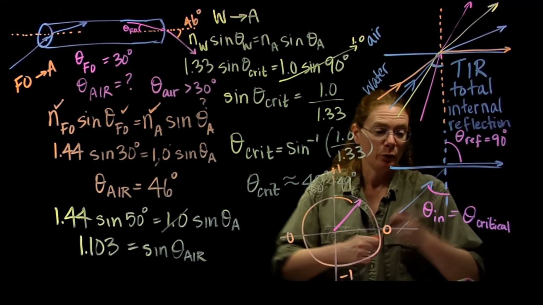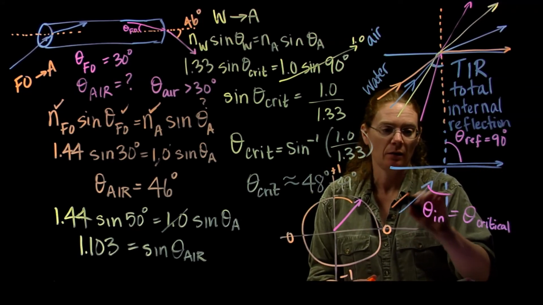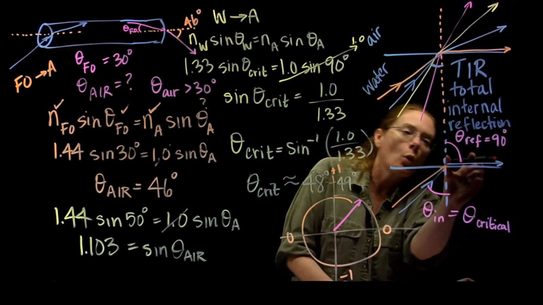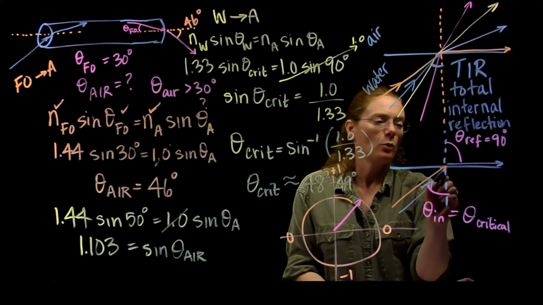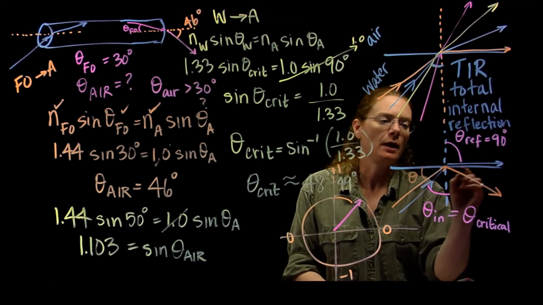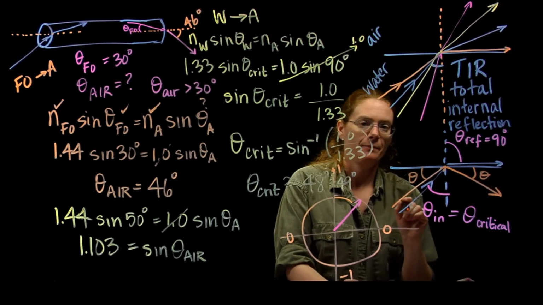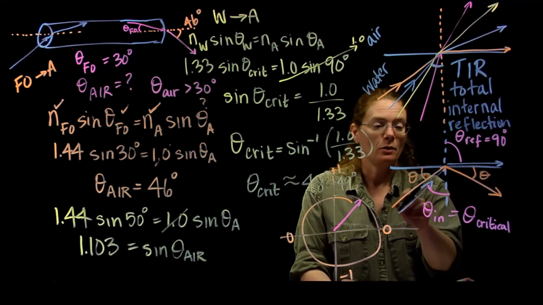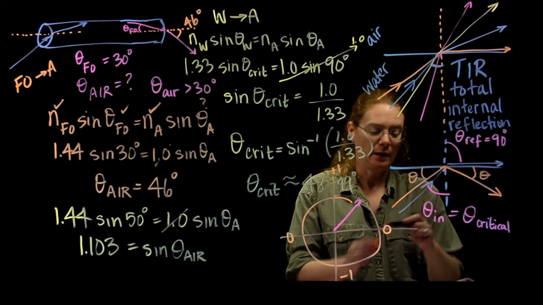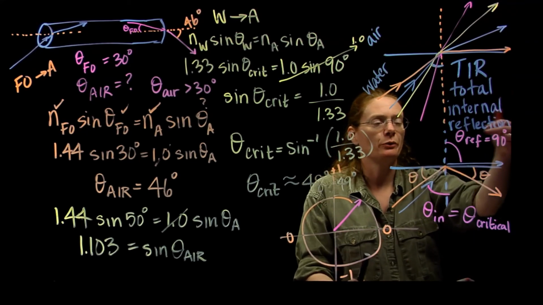So we have an angle bigger than the critical angle, and there's no way it can bend more than 90 degrees. So it bounces right out at the same angle it came in at. It behaves just like a mirror. So if we're greater than the critical angle, it just bounces right on out. And it's called total internal reflection.